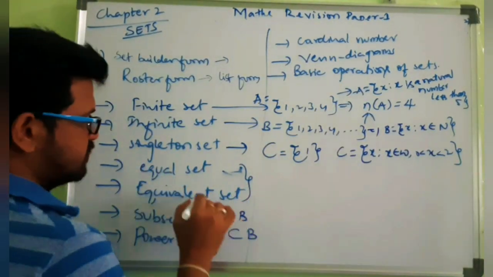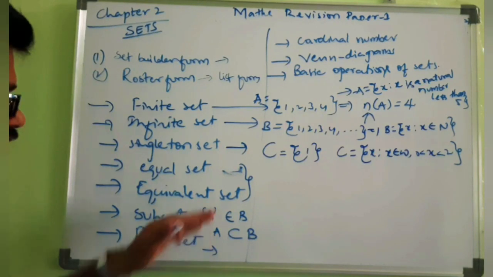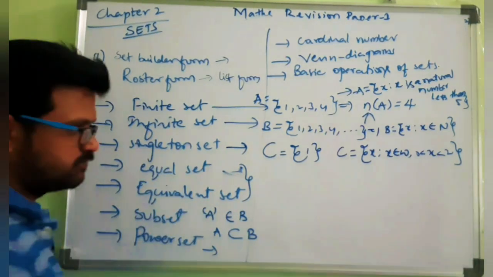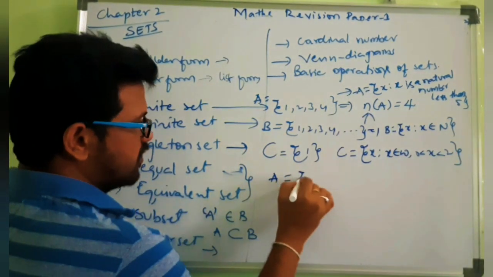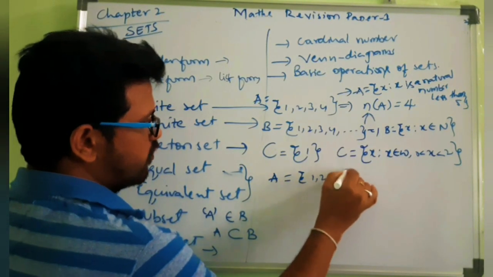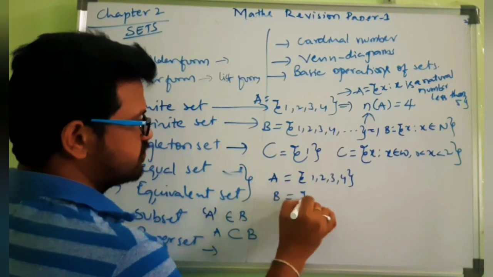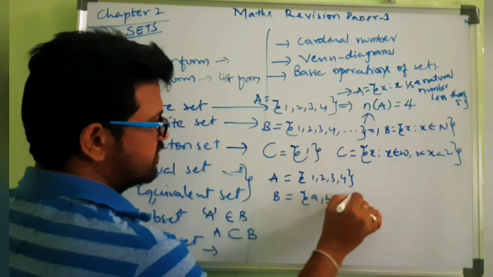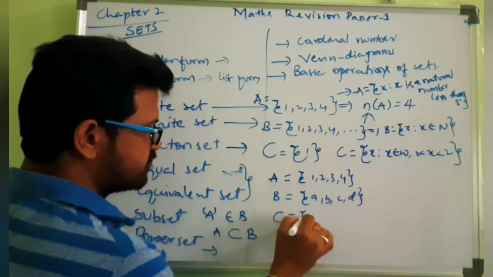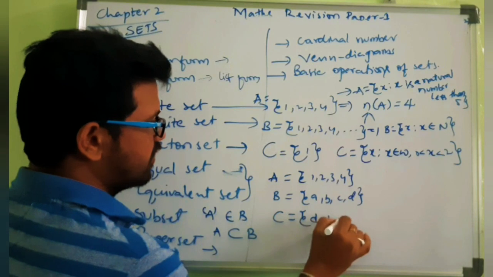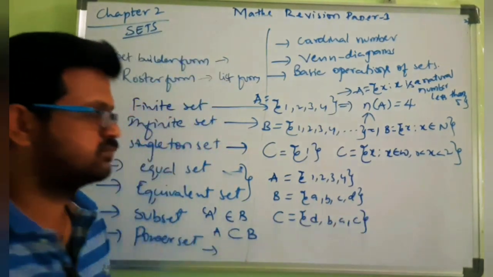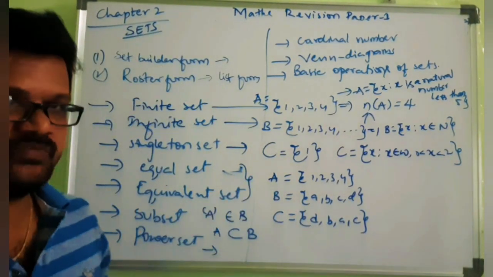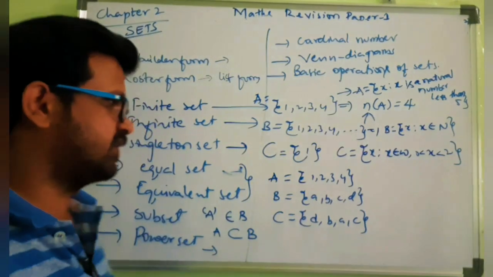Next, equal sets and equivalent sets. At a time I will give examples for these two. For example, A is 1 2 3 4 and B is a b c d and C is d b a c. In these three sets, which are equal and which are equivalent sets?